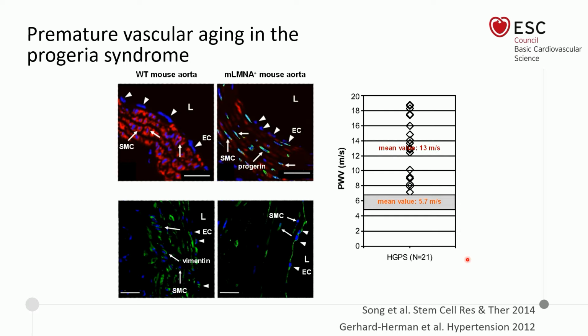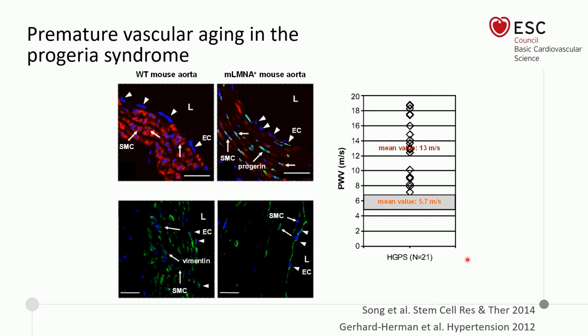Progeria syndrome is characterized by mutation in prelamin A, producing accumulation of progerin in the vascular wall, especially in stroke and peripheral vessels, in brain and peripheral vessels. We can see here in the model of progeria the presence of progerin in green, and also the complete disappearance of vascular smooth muscle cells.